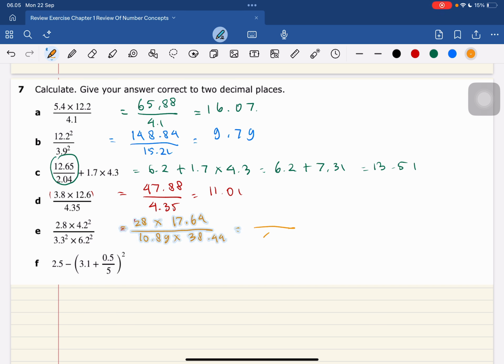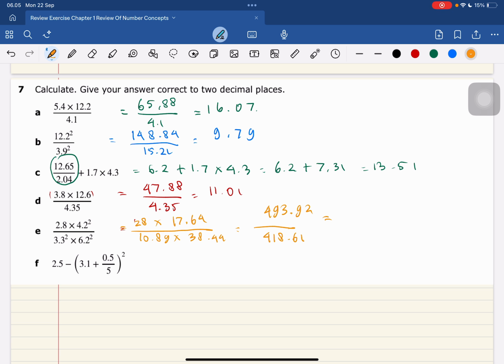So this is 418.61, and the number is 28. We multiply by 17.64, so will give us the answer of 493.92. So let us check it again to make sure.